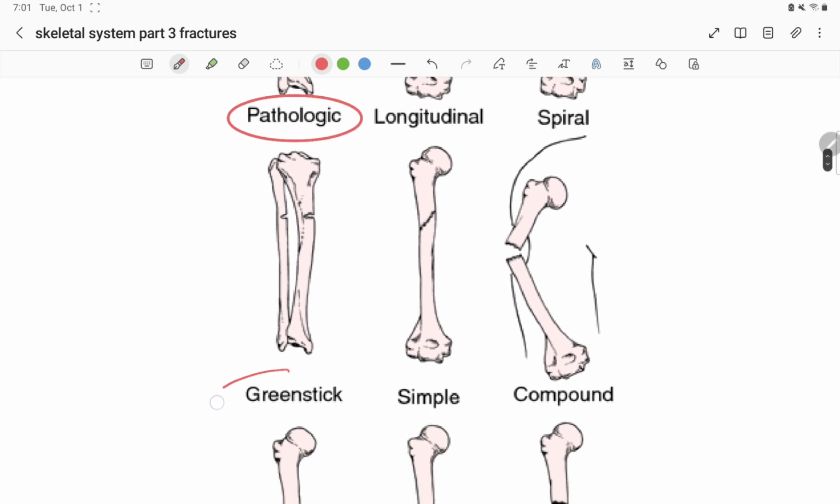Okay, a green stick fracture is typically a youth fracture, because what happens is the bone will bend and then there will be a little bit of breakage, but not all the way through. The younger you are, the more cartilaginous the bone, so as a result it bends, and if that's the case, then it's called a green stick fracture.